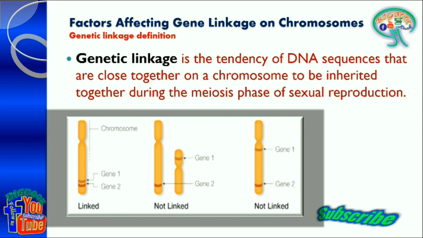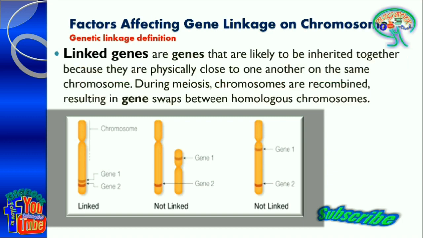Next, coming to one more definition, genetic linkage is the tendency of DNA sequences that are close together on a chromosome to be inherited together during the meiosis phase of sexual reproduction. Now here, in the previous slide we saw these physically located loci.